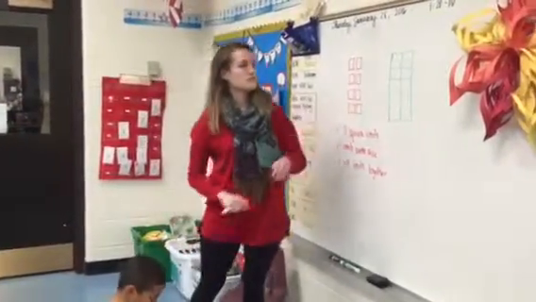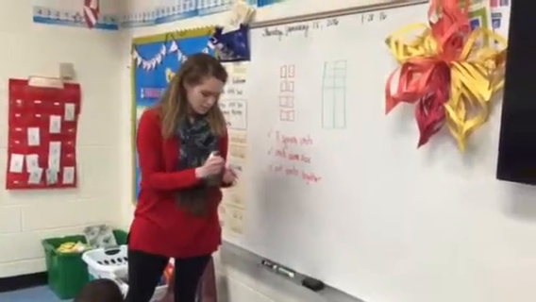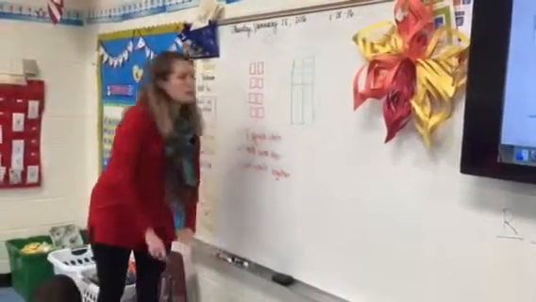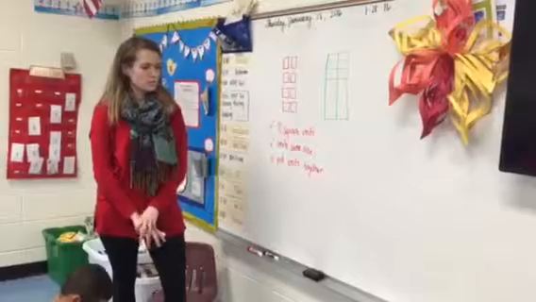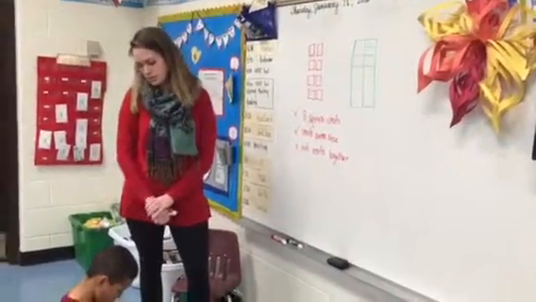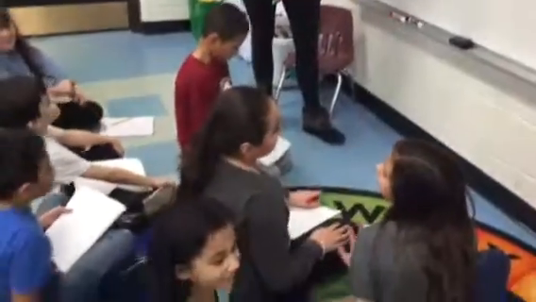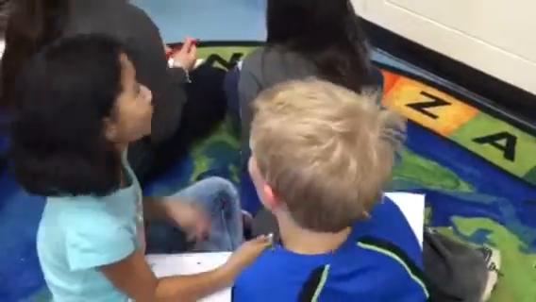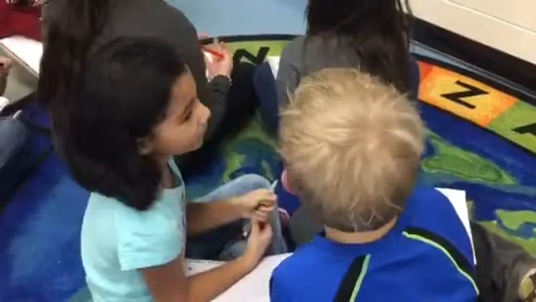Now let's take a look over at Verde here. I want you to notice, what did Verde do well? So maybe talk to the people around you. What did Verde do well? He made squares.